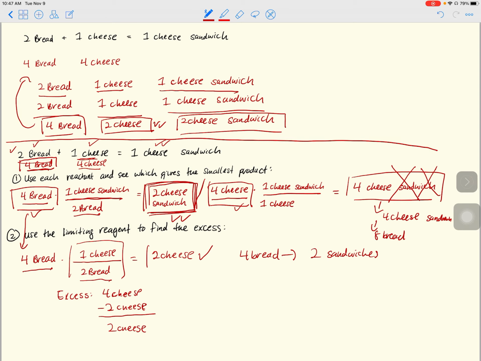Now, what does this 2 cheese mean? What this means is in order for me to make 2 cheese sandwiches, I need to use 2 cheese. And so when your mom asks you, oh, how much cheese is left over? You just do the subtraction of the original 4 cheese that you had in the fridge, and then you subtract the 2 cheese that you used to make the 2 sandwiches.